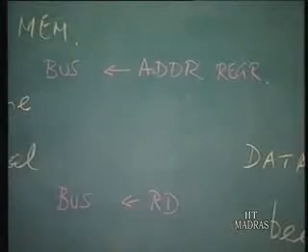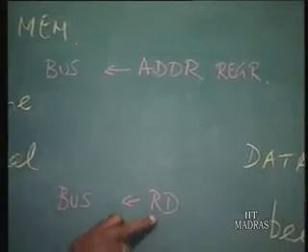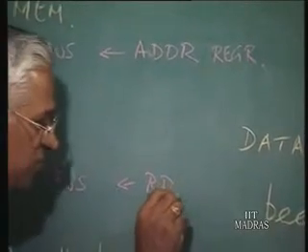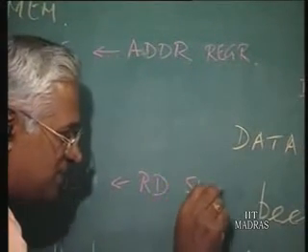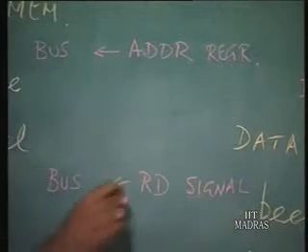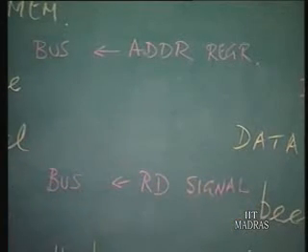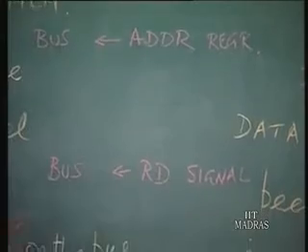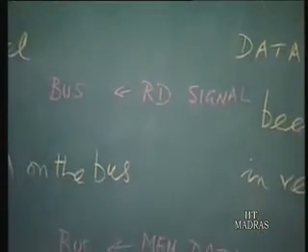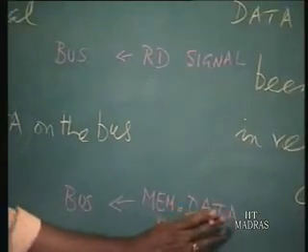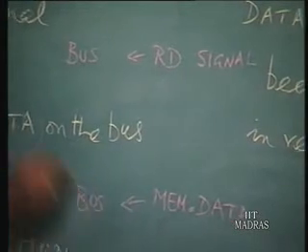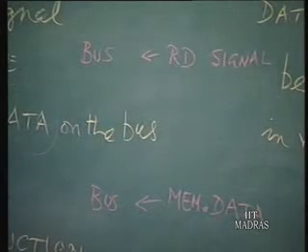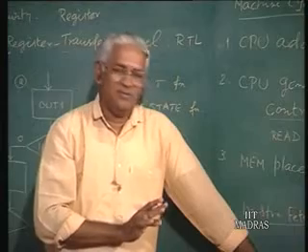It is just transferred. And then here this is a control signal actually. So this is in fact a read signal. Doesn't matter. The read signal is placed on some part of the bus. Here again a simple transfer. And then here the memory contents, that is data, is placed on the bus. That is the contents of a memory location is transferred onto some part of the bus.